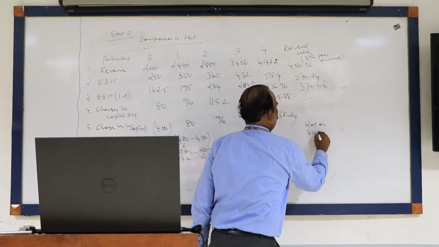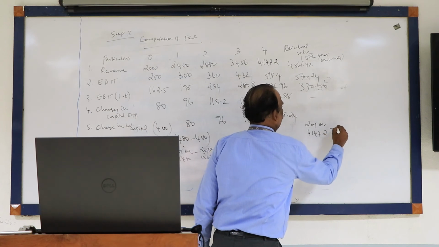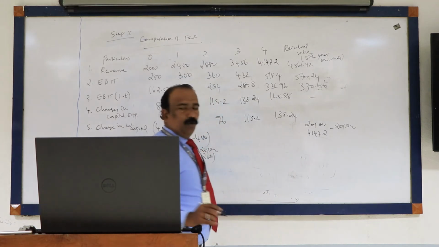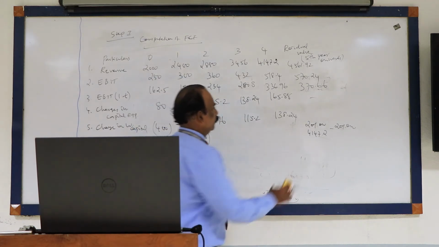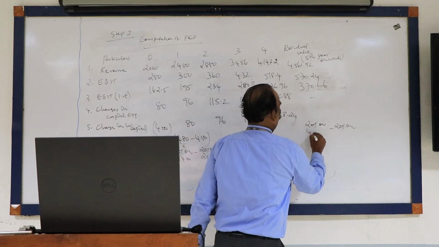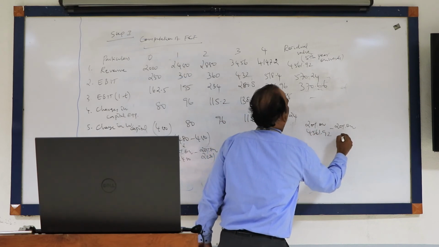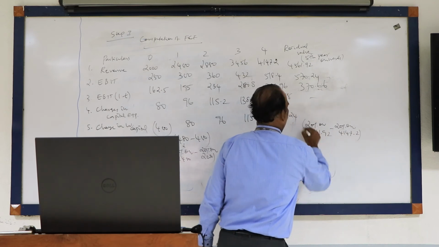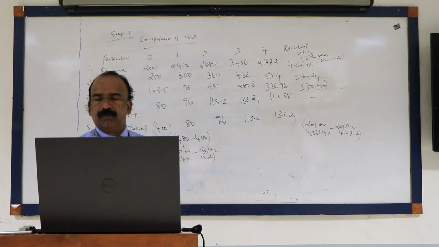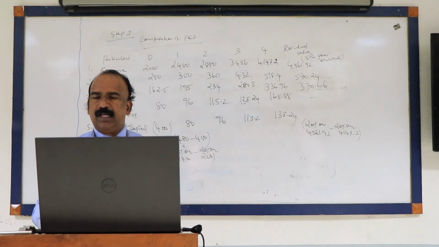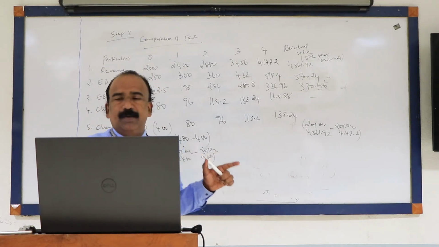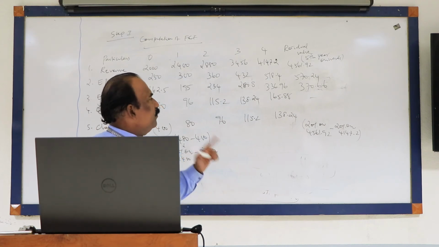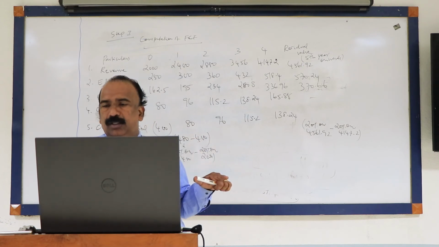20% on the current year, 4561.92 revenue, minus 20% on the previous year revenue, which is 4147.2.